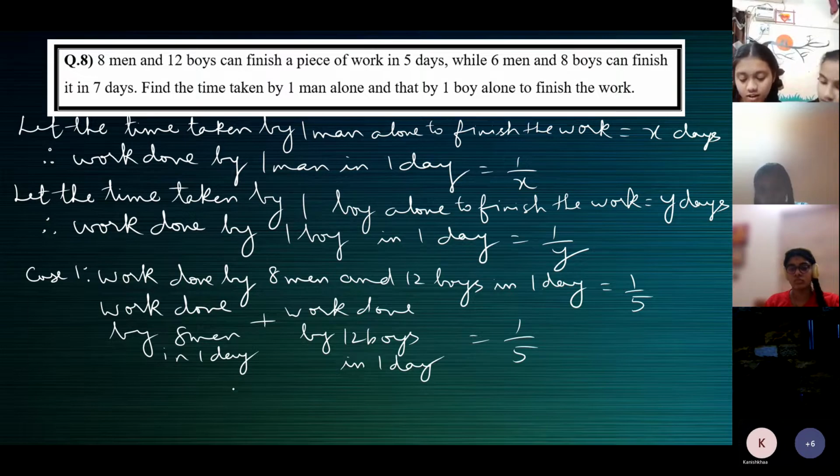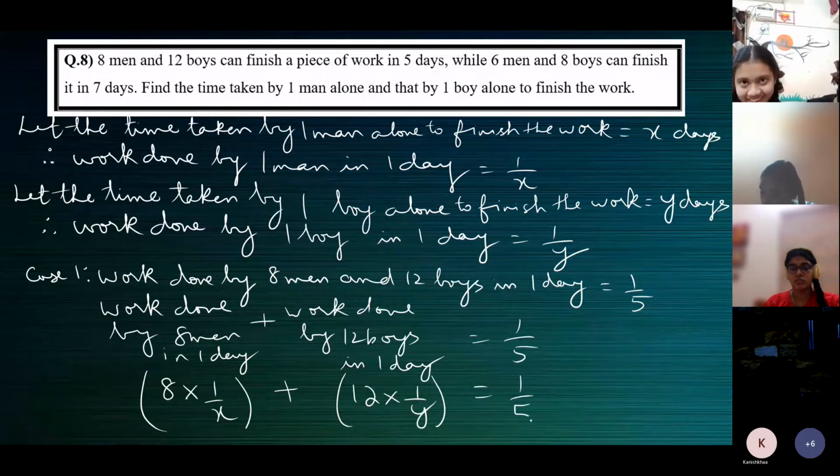One man does 1/x of the work, so 8 men, 8 into 1 by x. A boy does 1 by y work, so 12 boys, 12 into 1 by y. So the equation is 8 by x plus 12 by y is equal to 1 by 5.